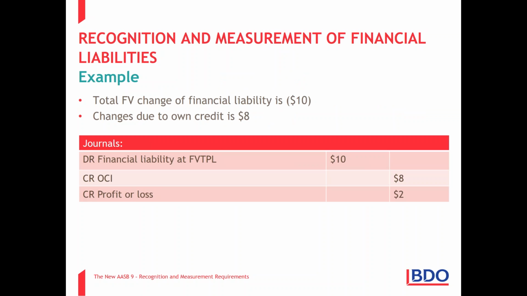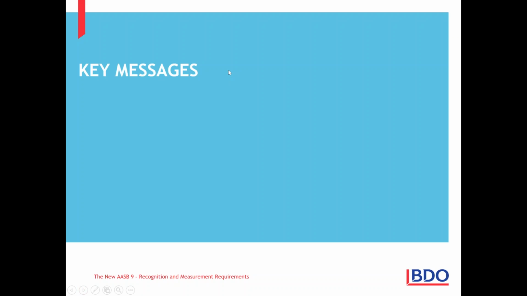If there's a total fair value change on a financial liability of $10, and the part of that change due to a change in your own credit risk is $8, then that $8 could go through other comprehensive income, and only the difference, the $2, would go through profit and loss. So if there's a change in your own credit risk, that can go through other comprehensive income. This is only applicable if you're accounting for this financial liability at fair value through profit and loss. So that is a change in the new AASB 9.